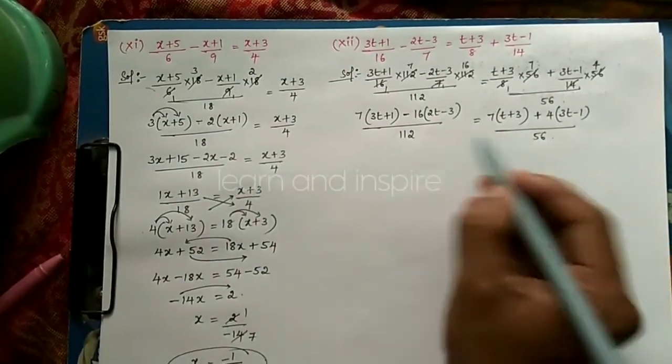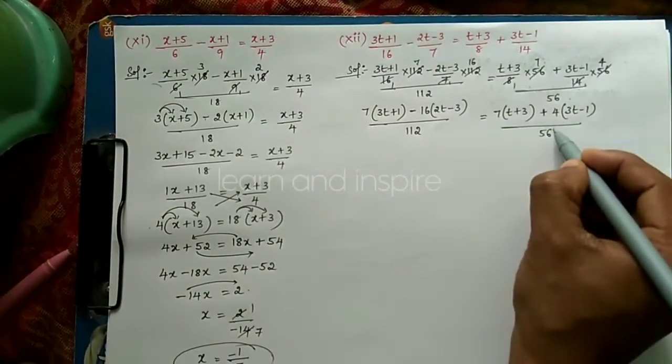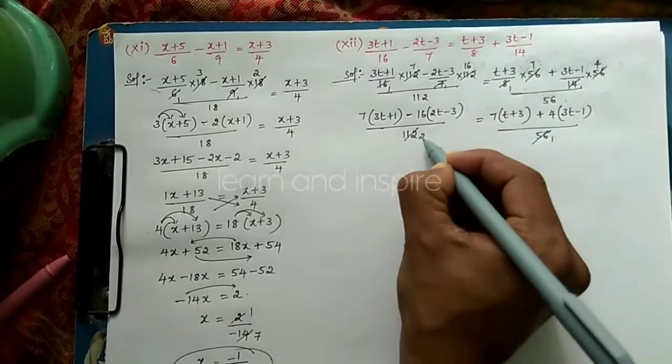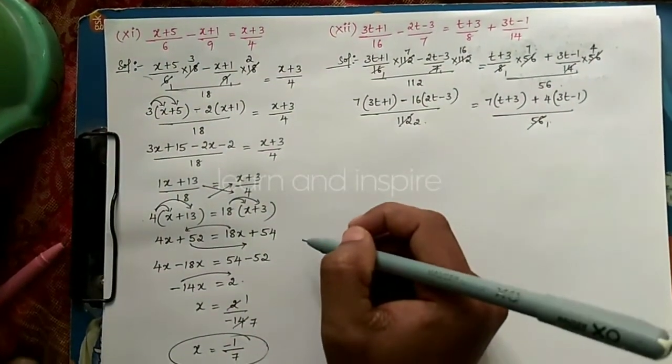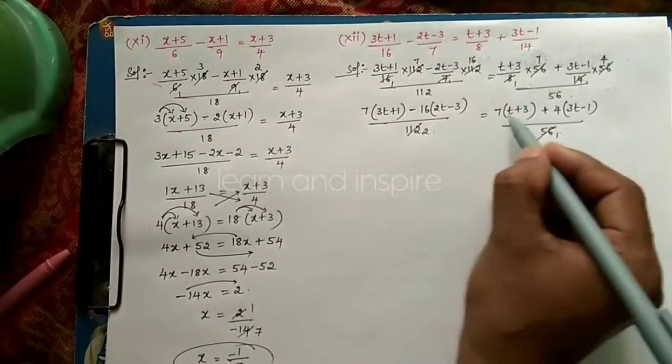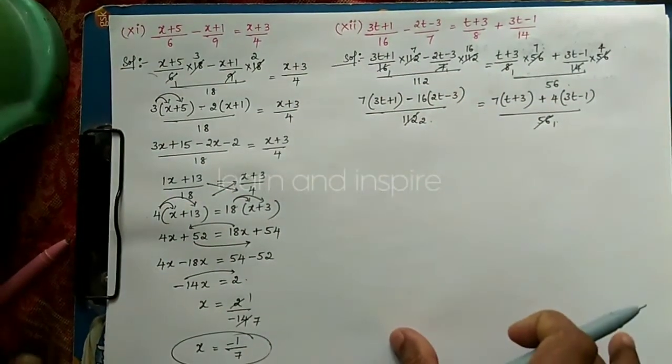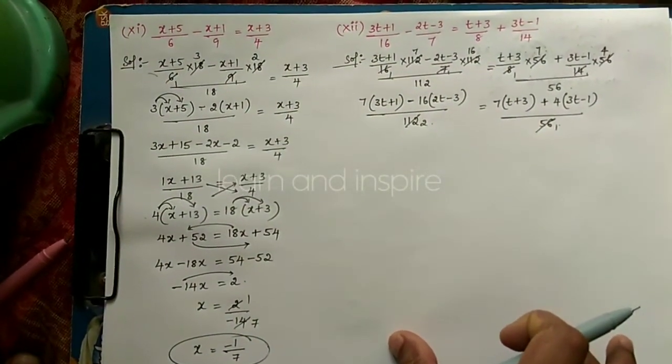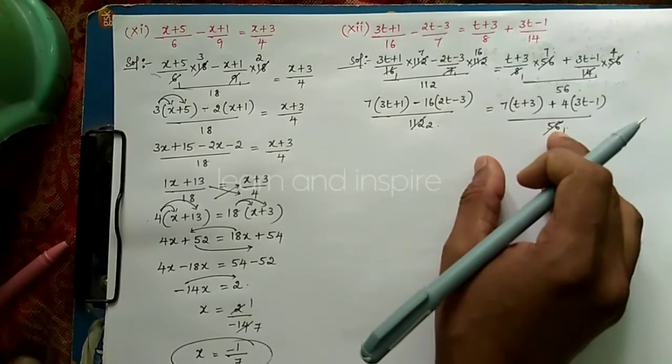So directly we can cancel the denominators. 56 ones are 56, 56 twos are 112, or else we can cross multiply this. It becomes a big procedure, so we can cancel this directly.